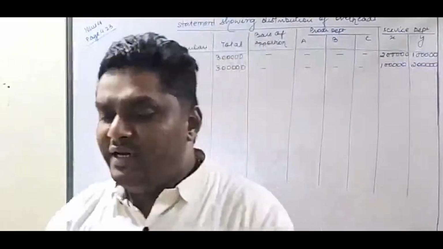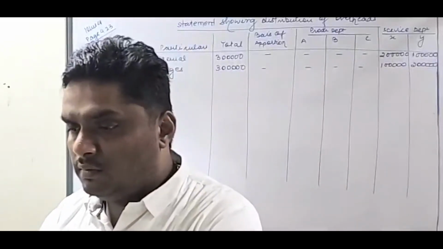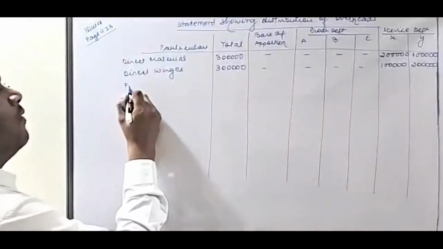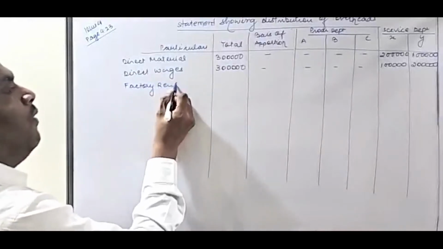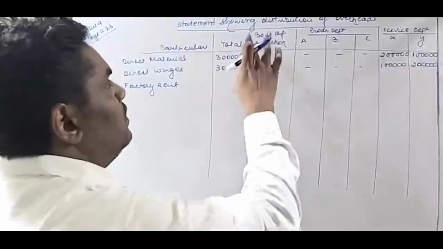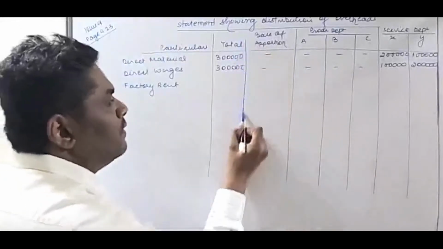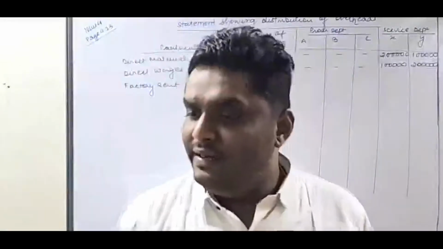Now let's start with the distribution process. So the first one is the factory rent, that is 4 lakh.